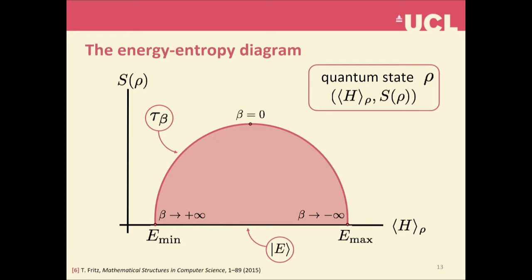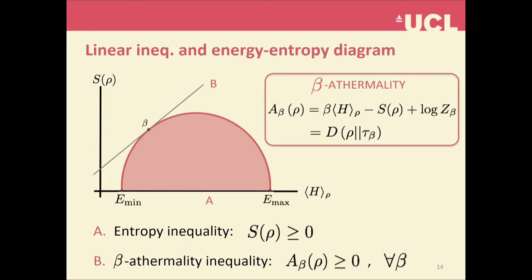Something you can do with this diagram is to express the state space using linear inequalities instead of this representation. In particular, for a state to be inside this state space, we need, quite obviously, that the entropy be greater than 0, which means all states have to lie above the x-axis.